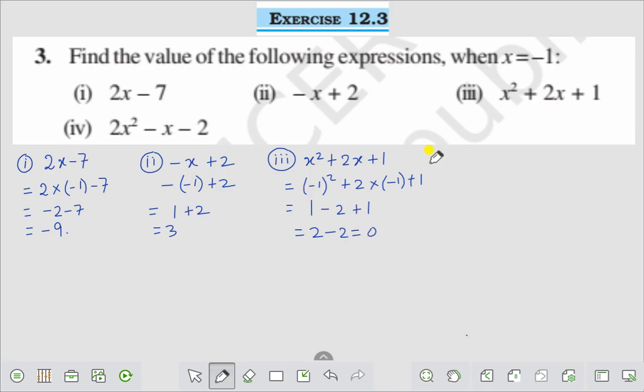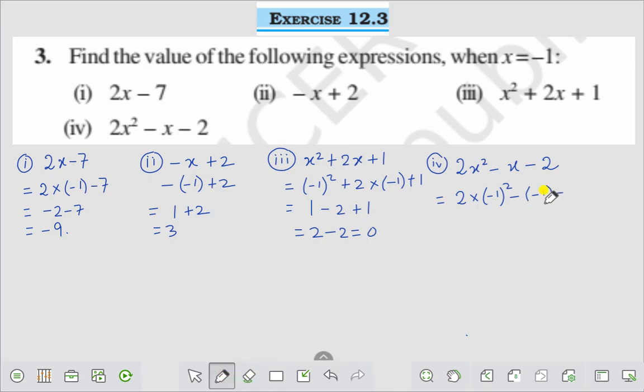Now question number 4 is 2x square minus x minus 2. You get the value 2 into x square. The value of x is minus 1, that is minus 1 whole square, minus the value of x is minus 1, minus 2.